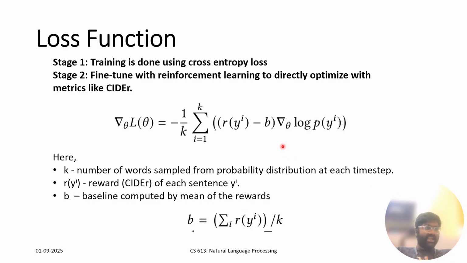The gradient of log p(y_i) tells us the direction in which the parameters need to be adjusted, and r minus b tells us how the model is performing compared to the baseline. The negative sign is to minimize: normally the cross entropy loss is a positive value, and for the loss we have to minimize it, so we added this negative sign.